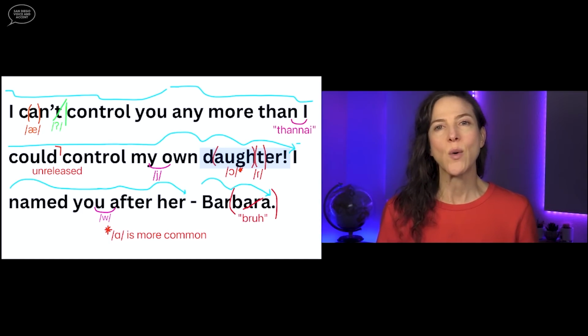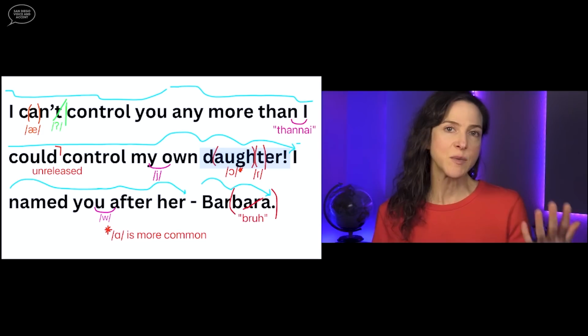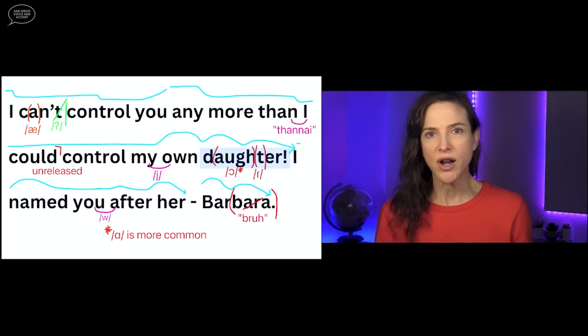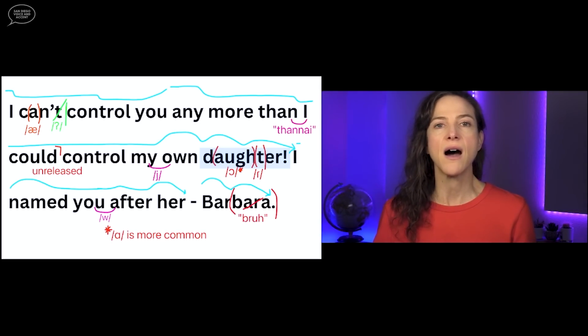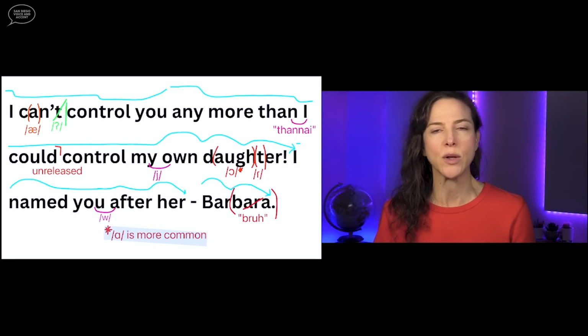And so I wanted to point out that yes, this speaker does use this vowel, but in the vast majority of the United States and in all of the western part of the United States, this ah vowel, like in the word father, is much more common and has replaced this backward C vowel in lots of words. The tricky thing is the spelling.